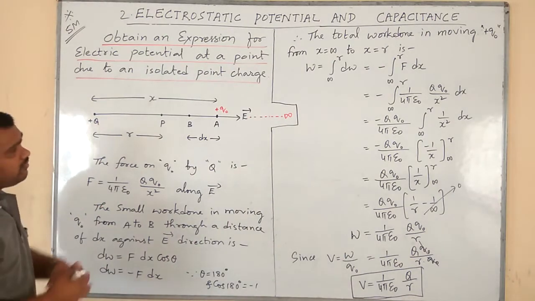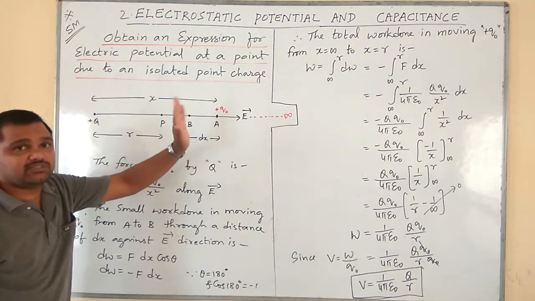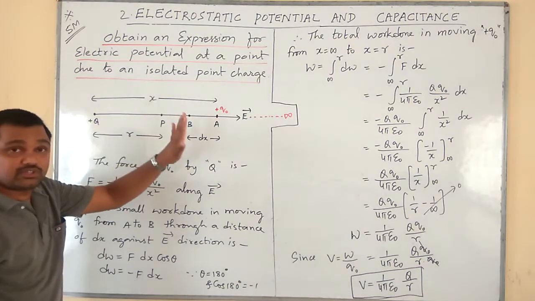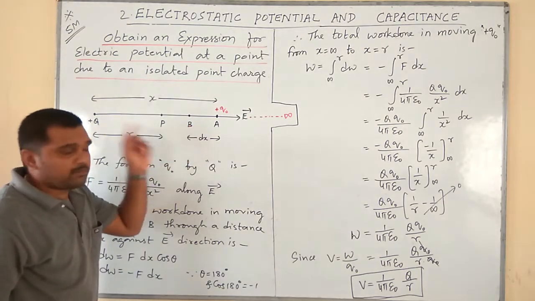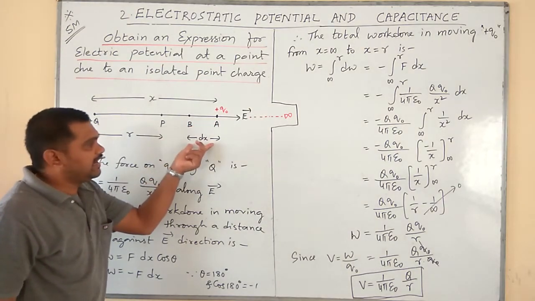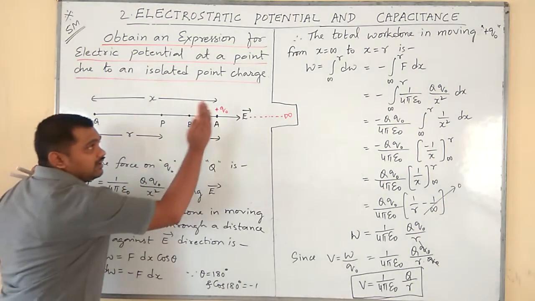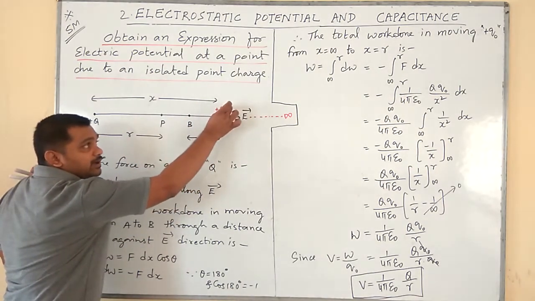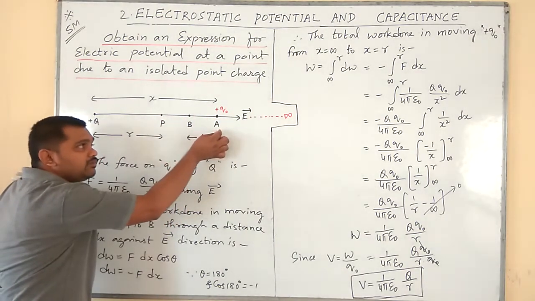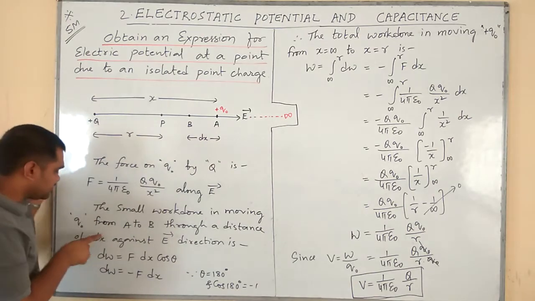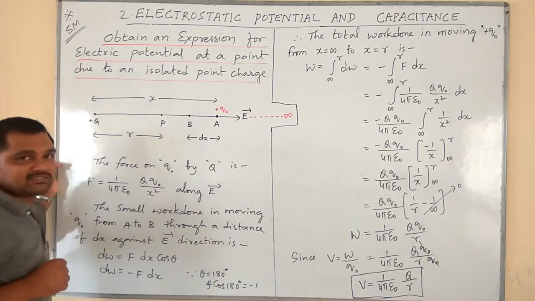Next, first we will check whether that charge will move in the direction opposite to the electric field or not. Therefore, we will mark some other point, some capital B, at a distance of dx from A. Now we will check it first. By moving this Q naught from A to B like this, small work done in doing so is given by dW is equal to F dx cos theta.